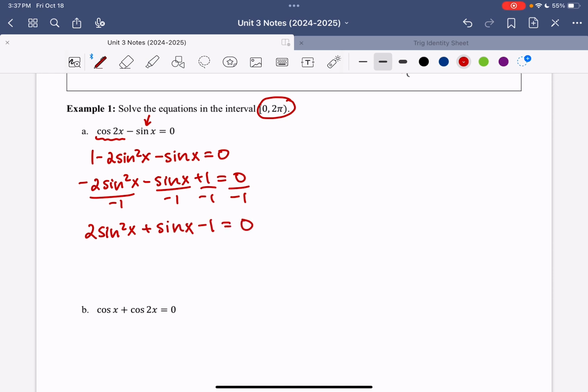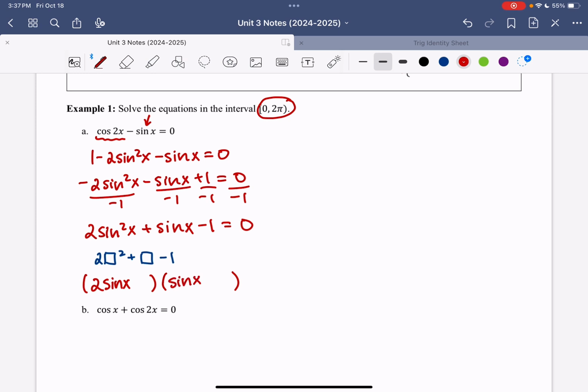What I have here is 2 times some quantity squared plus some quantity minus 1. So I think if we were to go ahead and factor this, it would factor to be a 2 sine x and a sine x.